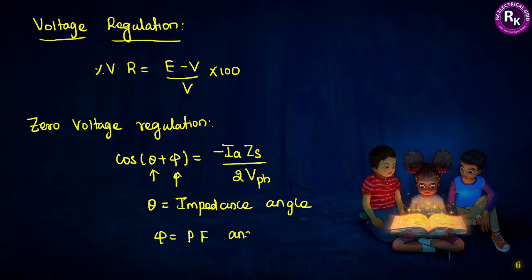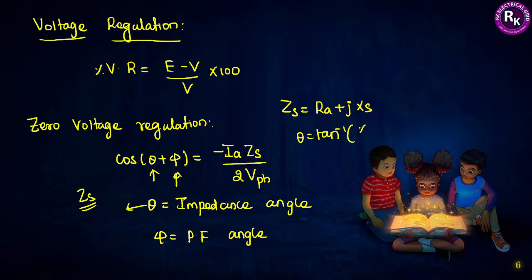Impedance angle means, in the alternator we have some synchronous impedance, which can be written as armature resistance Ra plus j times synchronous reactance Xs. From this, you can find the value of theta by taking tan inverse of Xs divided by Ra.